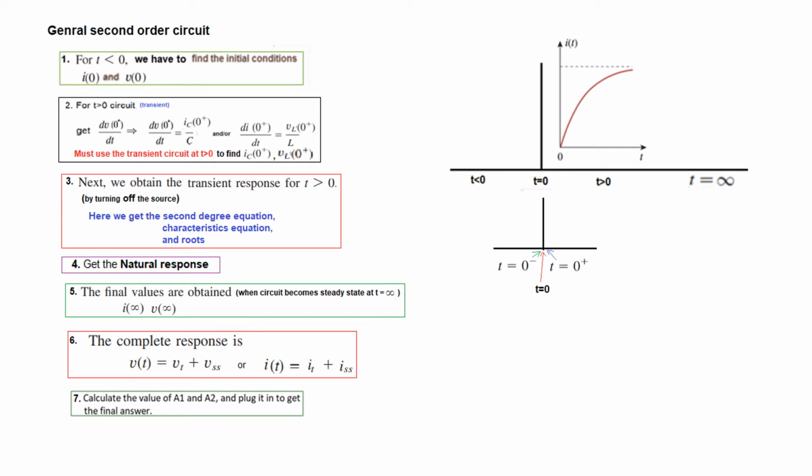When we say t greater than 0, then after we have gone over this period, that is t0 minus and t0 plus, then starts the transient period. So when t becomes greater than 0, the transient period starts, and finally when the circuit becomes stable, that is t infinity, or the final value, or steady state value.